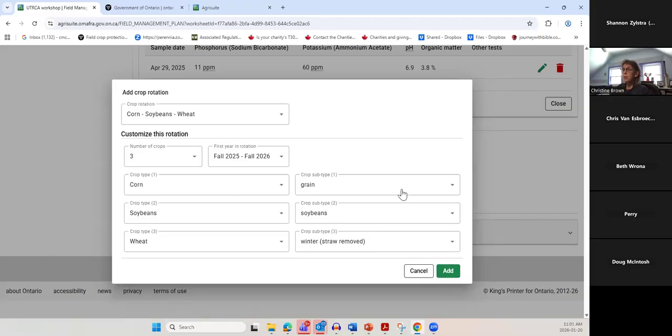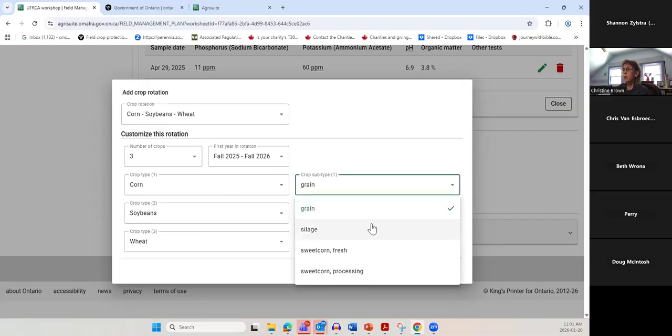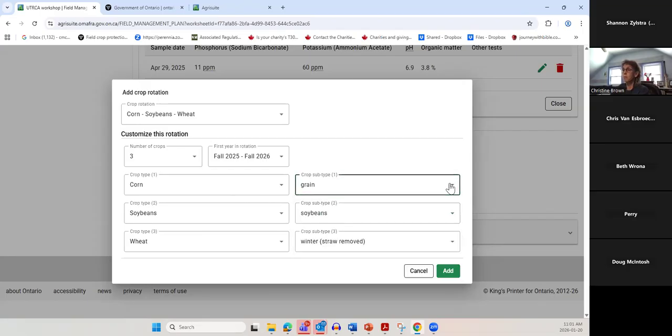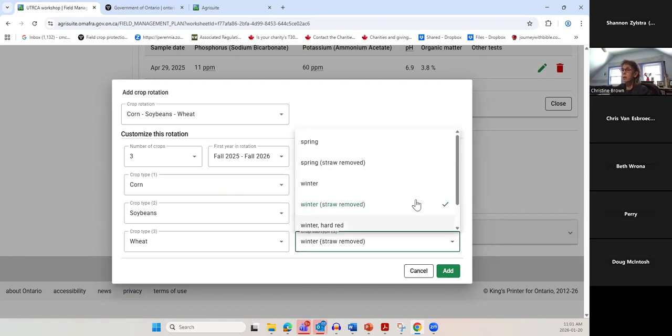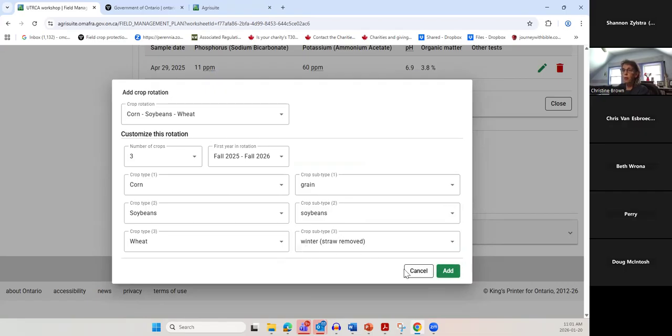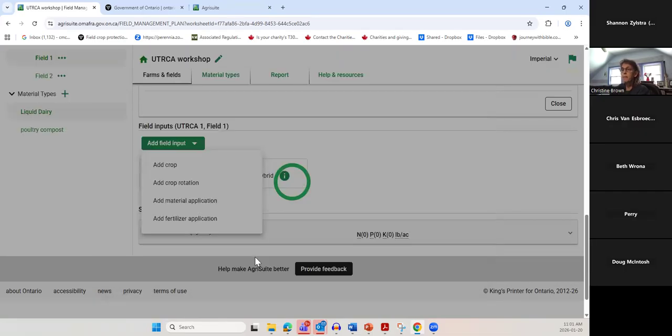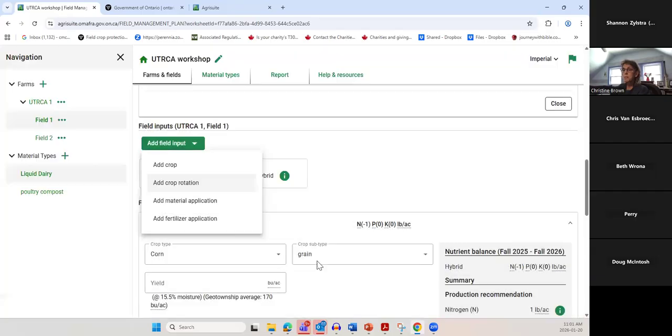I can do grain corn, silage corn or sweet corn. Soybeans, basically just soybeans. With the wheat, I have winter wheat where the straw is removed, or winter wheat where I put the straw back. For this case, we will just use straw removed, although adding it back is good for maintaining organic matter. So the rotation's been added.